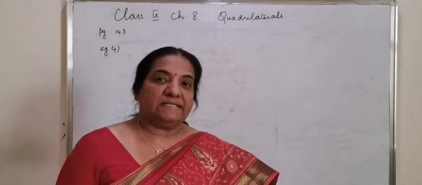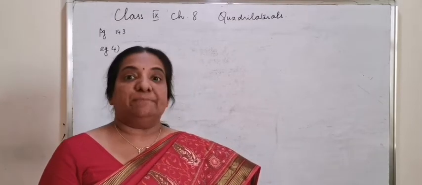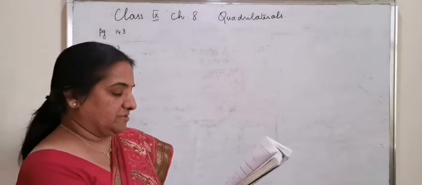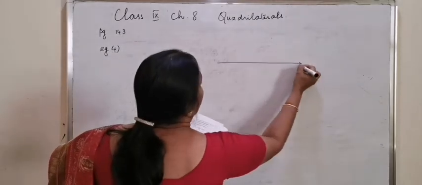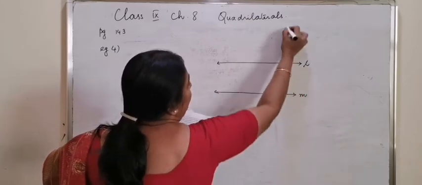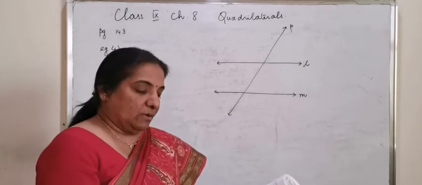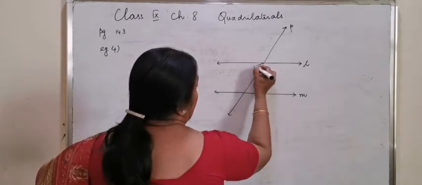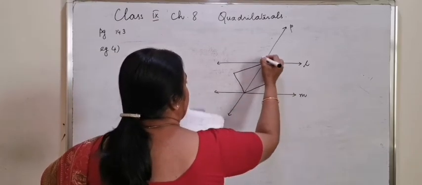Let's do a few worked out examples which are very important for the exam. Page 143, example 4. Two parallel lines L and M are intersected by a transversal P. Prove that the quadrilateral formed by the bisectors of the interior angles, they form a rectangle.